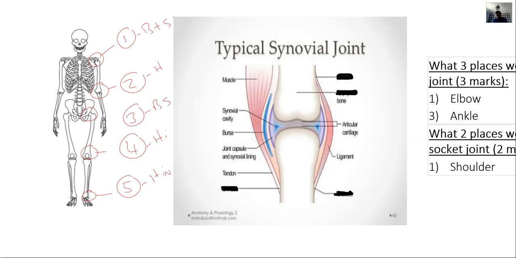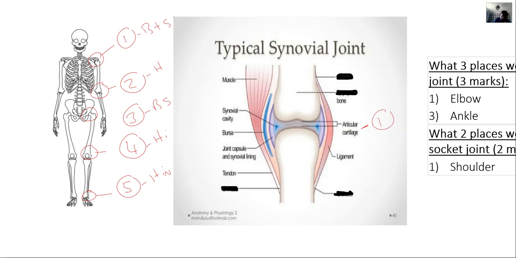As well as knowing the different types of joints, we need to know the structure of a joint. So what a joint looks like, and be able to understand these different elements of a joint. What I want you to do, I'm going to give you a minute or so for this one. You don't have to write these out in full, but just tell me some key terms of the numbered parts of a joint that I'm just doing now.